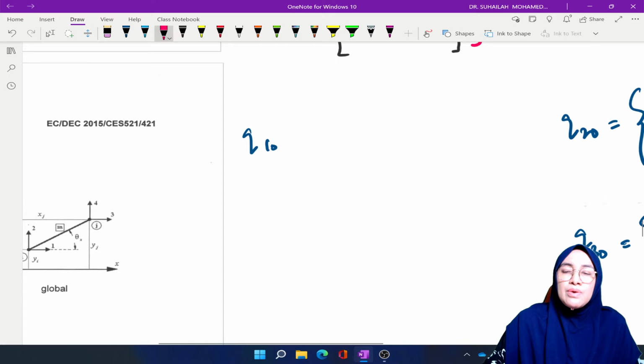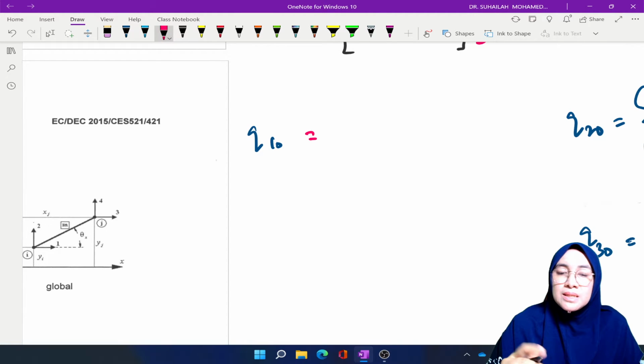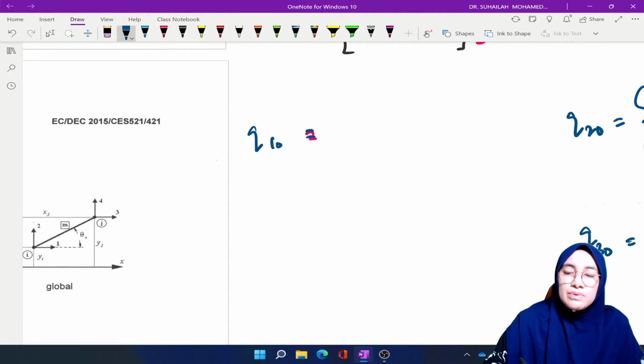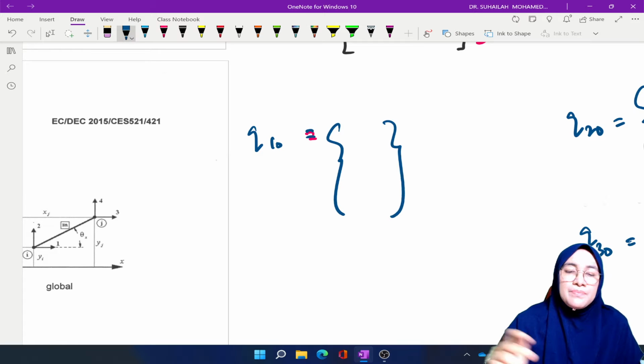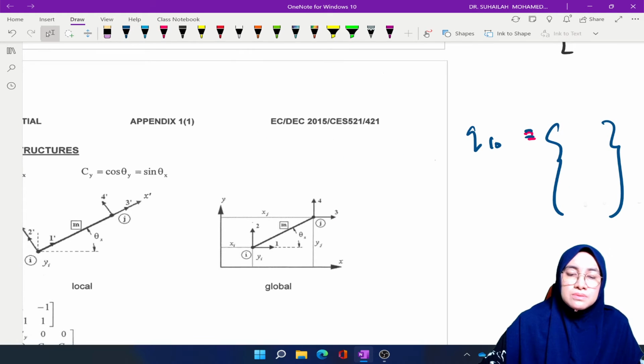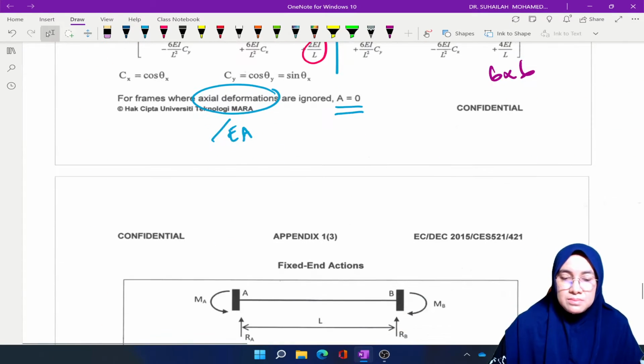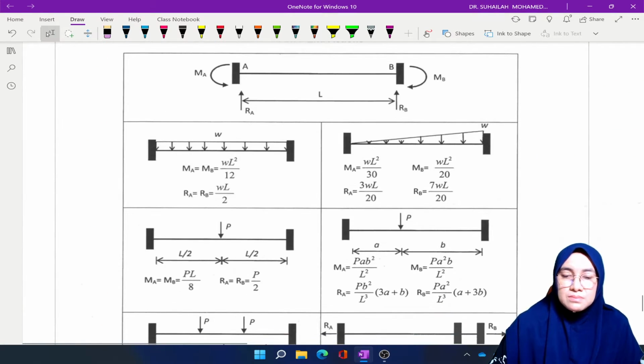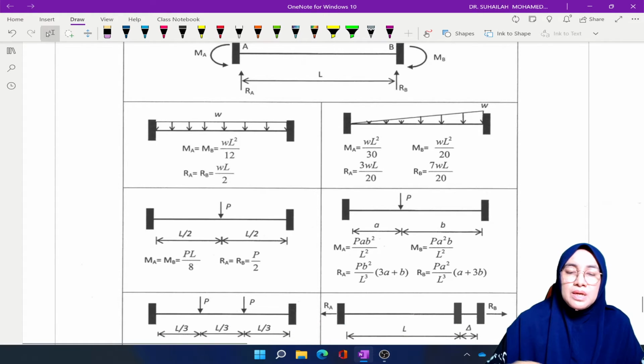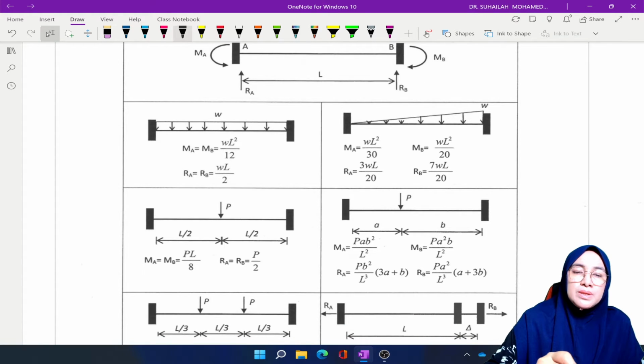For Q1 naught, we have to determine the value. So we refer to the third page of the appendix. We will use this.